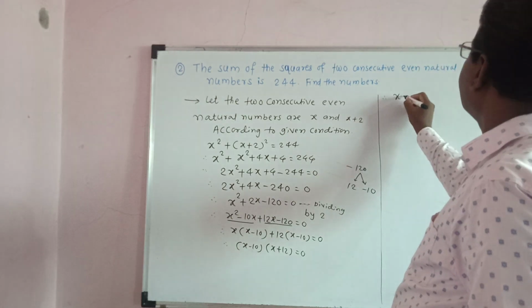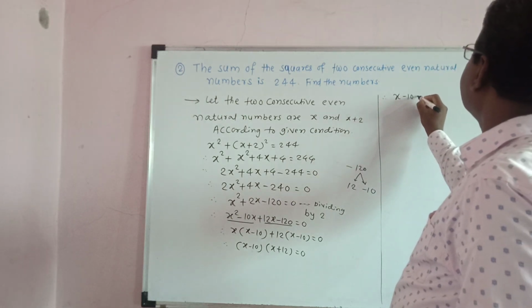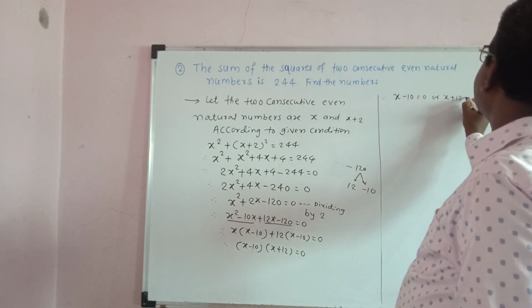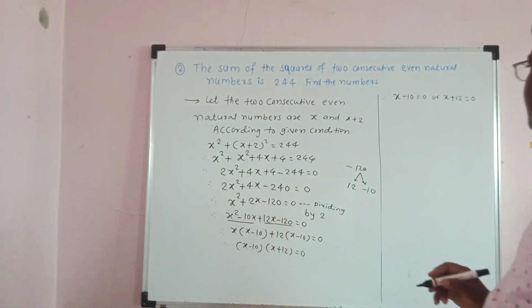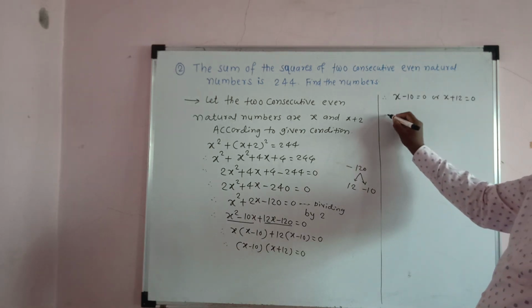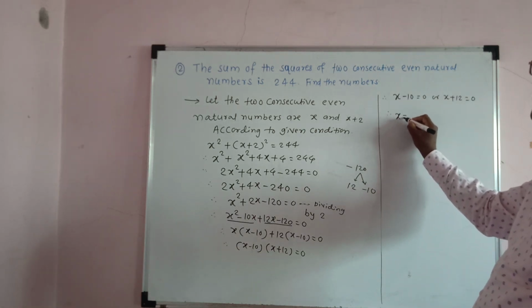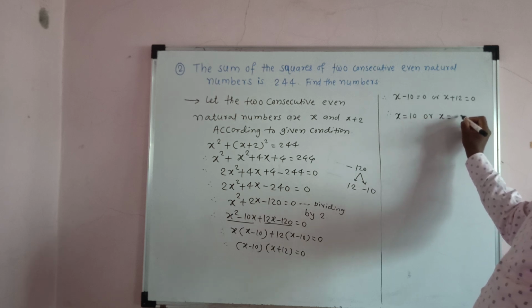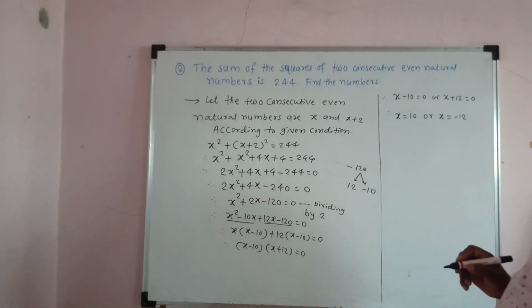Therefore, x minus 10 is equal to 0, or x plus 12 is equal to 0. Therefore, x is equal to 10, or x is equal to minus 12.